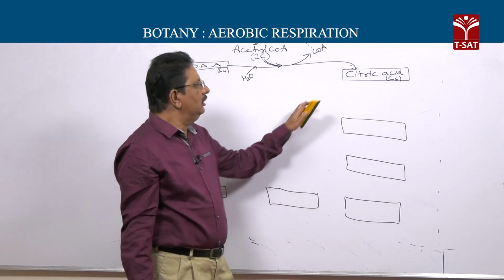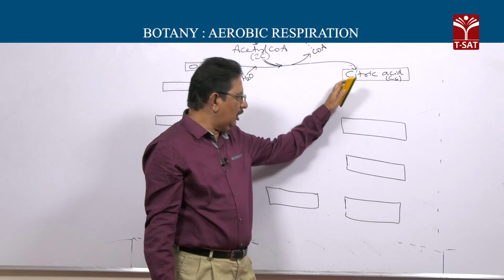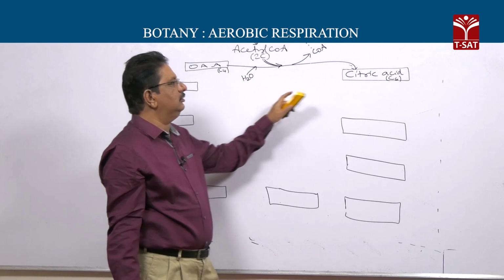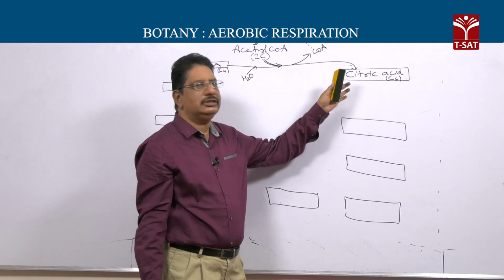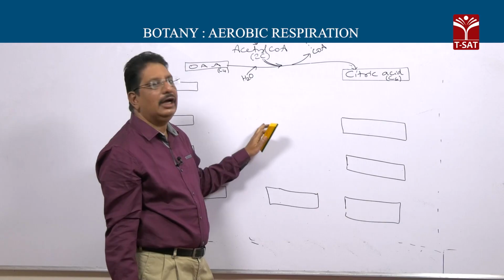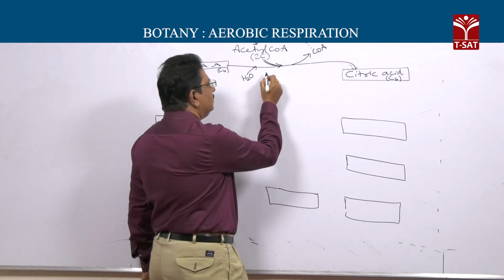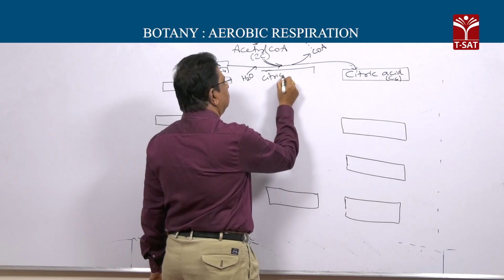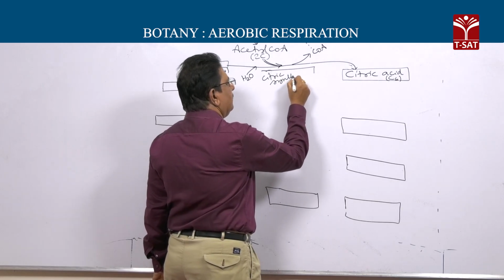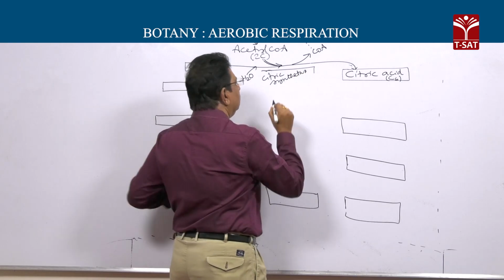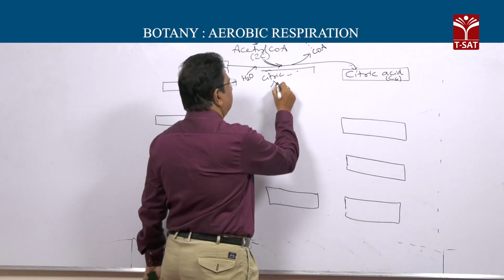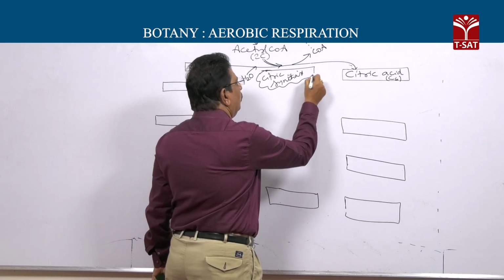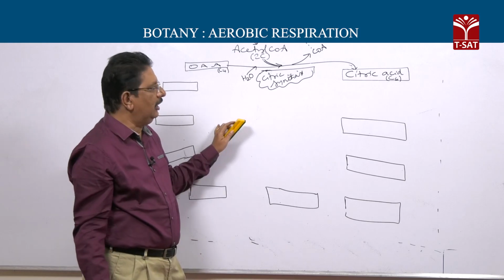As already discussed, the first formed compound among the different intermediates of the TCA cycle is citric acid, hence it is aptly named the citric acid cycle. And the enzyme for this reaction is citrate synthase, which catalyzes the first reaction.